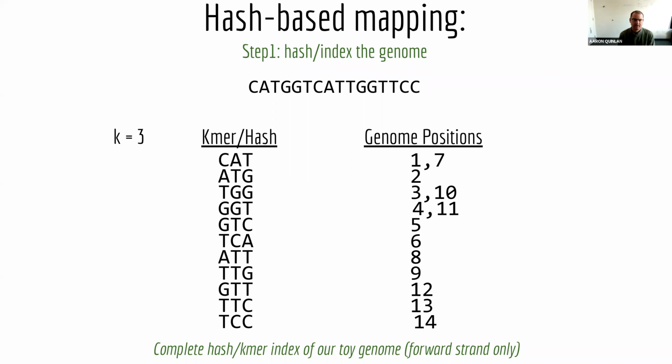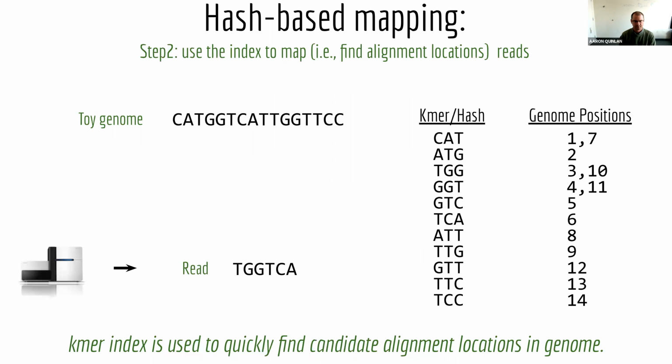It speeds things up. While that may seem simple for this 16 nucleotide genome, when the genome is 3.1 billion base pairs, trust me, having that index to do this quickly is very beneficial. So how do we use the index?